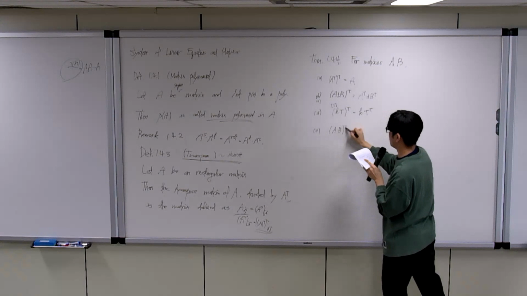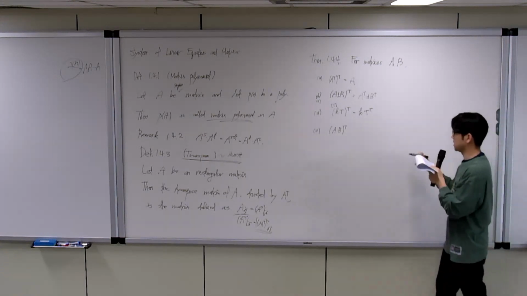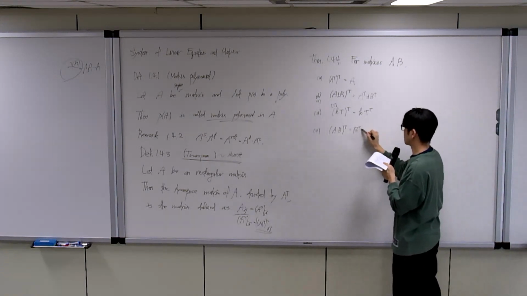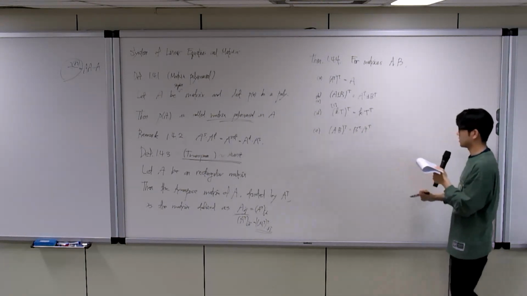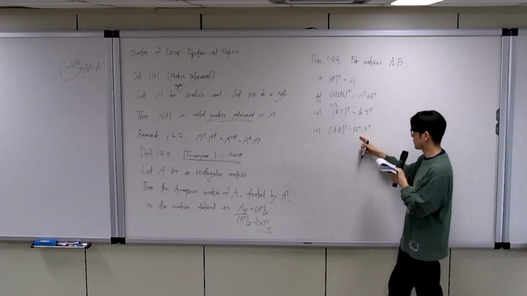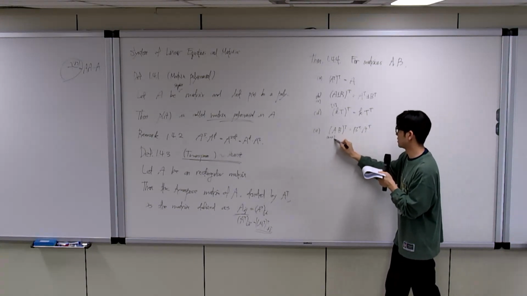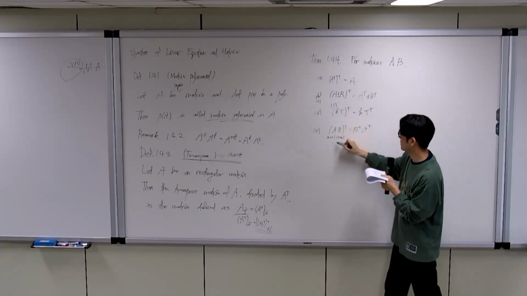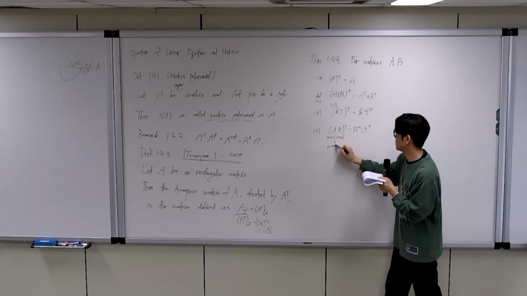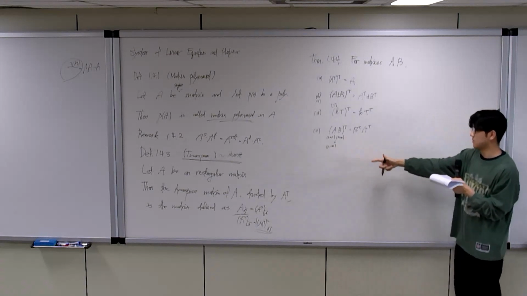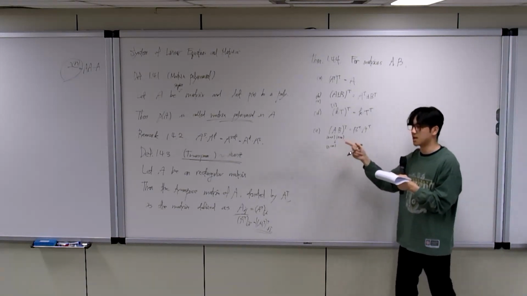Next, (AB) transpose is B transpose times A transpose. If you consider A of size n times r, and B of size r times m, then AB will be an n times m matrix.